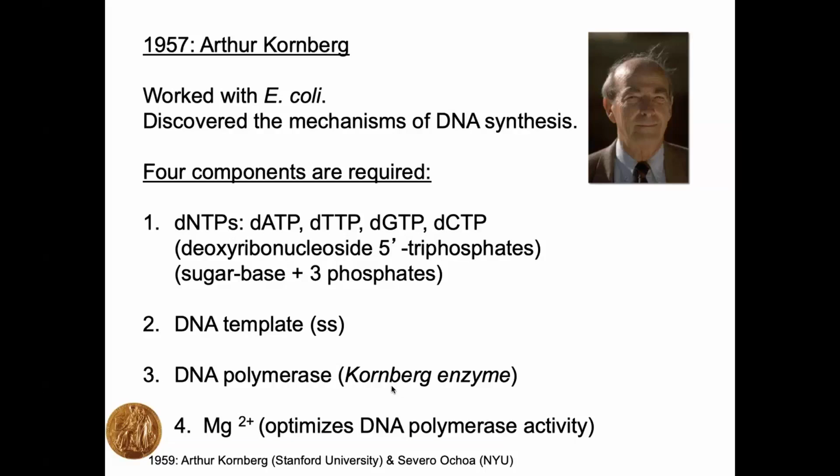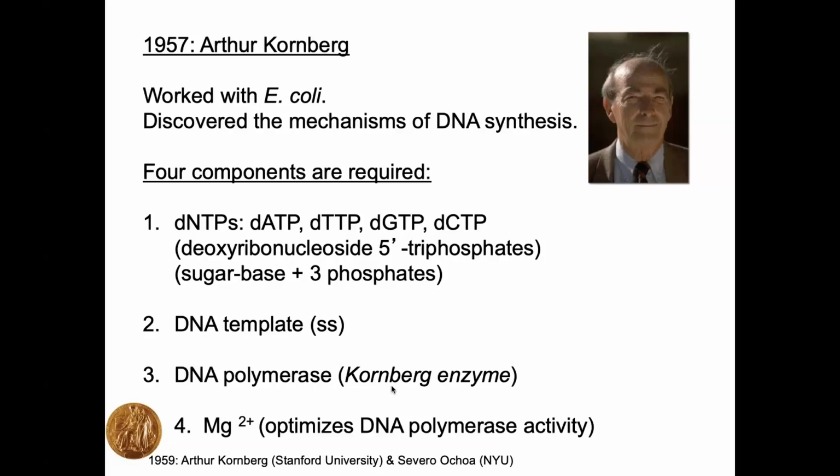In other words, what the enzyme would do is take the individual nucleotides, read the information in the single-stranded template, and that would then determine the sequence of incorporation of nucleotides into the newly synthesized strand, based on the Watson-Crick base pairing rules. But more importantly, what he discovered is that those nucleotides couldn't be in the monophosphate form, they couldn't be in the diphosphate form, they had to be in the triphosphate form.